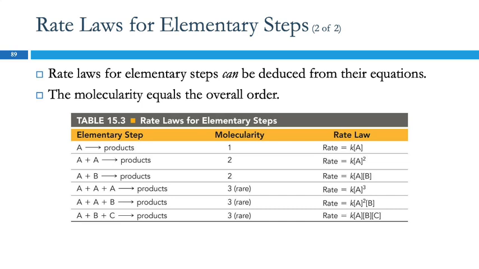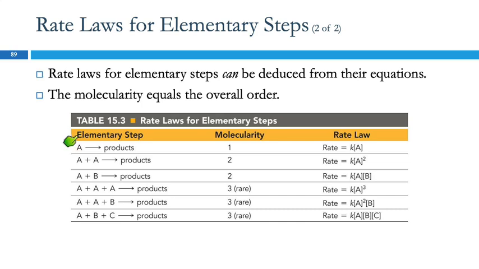So the molecularity of that elementary step is going to equal its overall order. So the rate will be equal to a rate constant times the concentration of each reactant raised to the power representing how many of those molecules are involved.